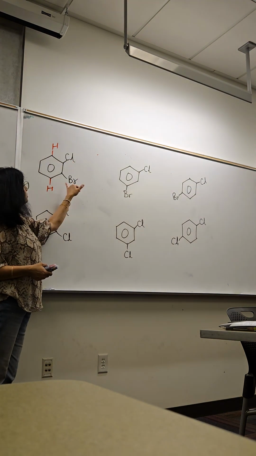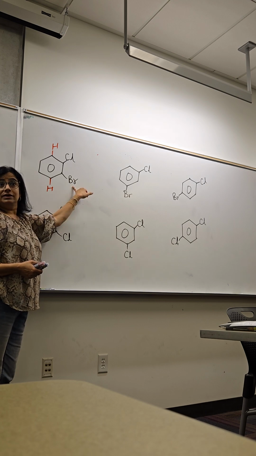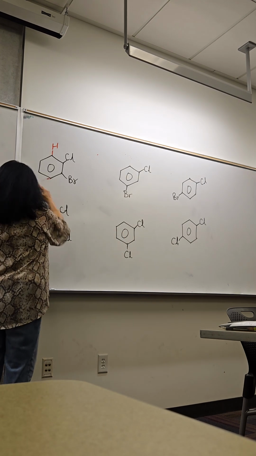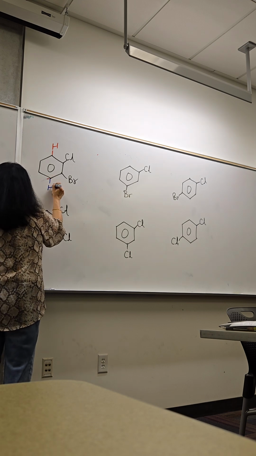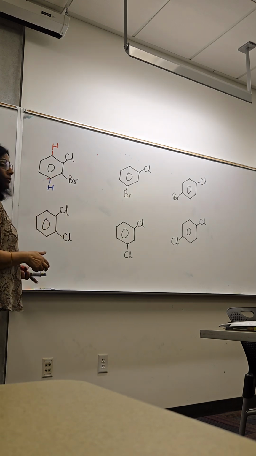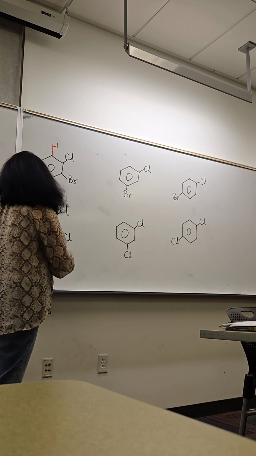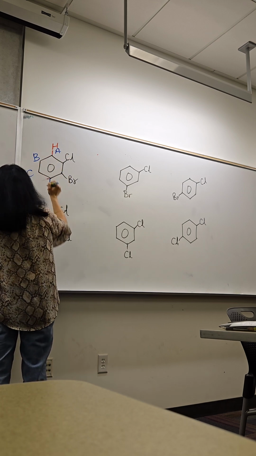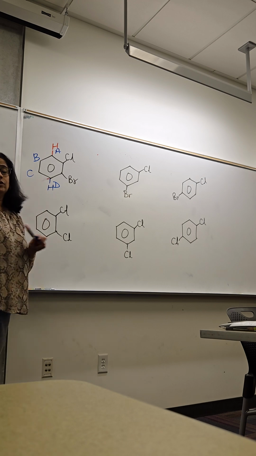This H is close to bromine. What about the two center ones? No. Four signals total. Absolutely right. Let's call this A, this B, this C, this D. Four signals. They're all different.